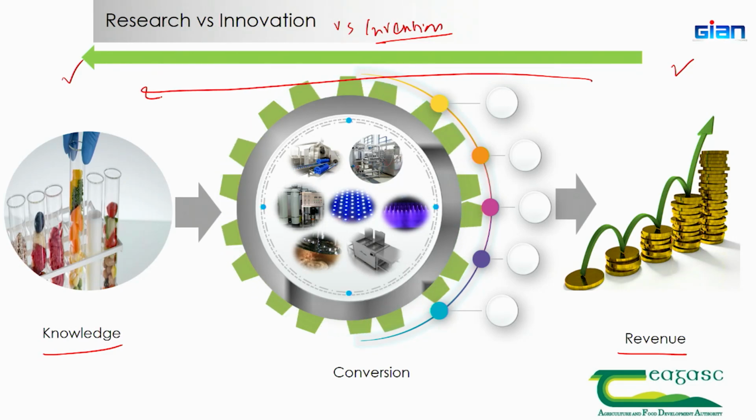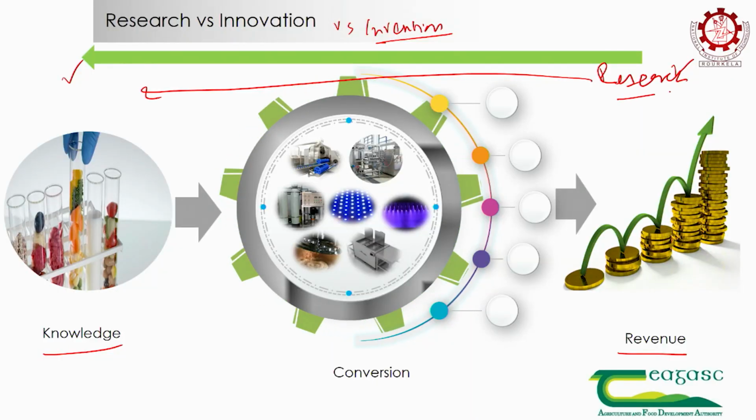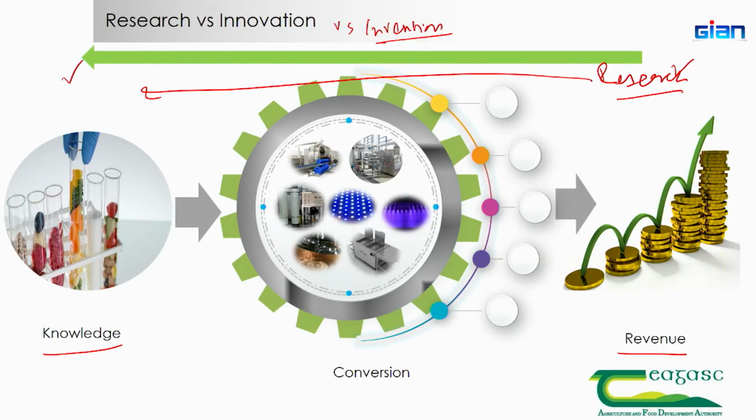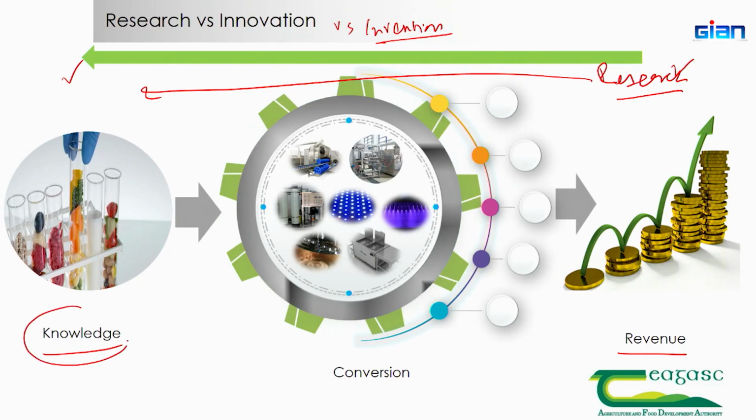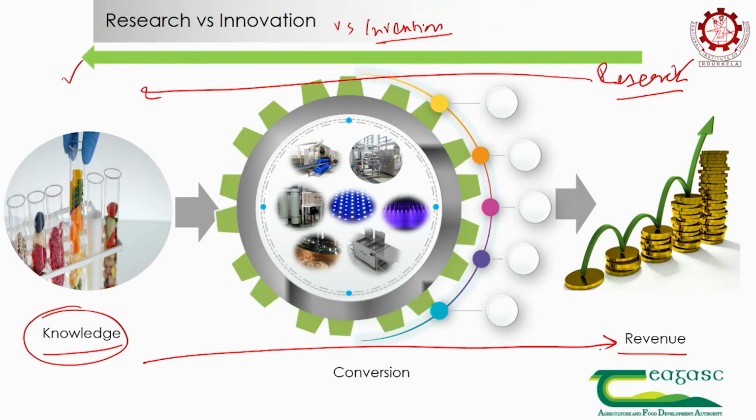How is knowledge generated? That is one way of seeing research. You need money to carry out the research so that you create new scientific knowledge. When the same knowledge is used to create revenue, that is considered innovation.